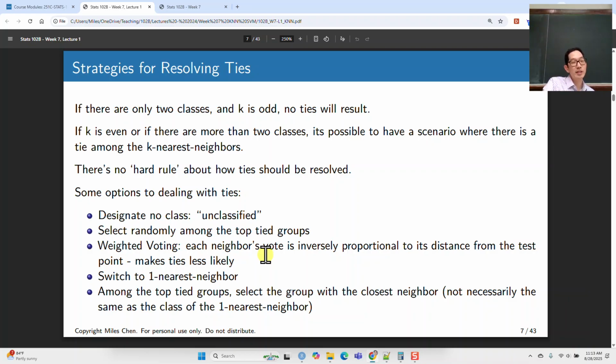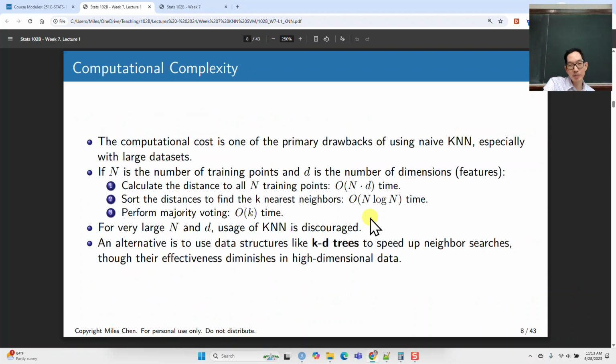You can also, among the top tied groups, select the group with the closest neighbor, which is not necessarily the same as the one nearest neighbor. So these are different ways of resolving ties. Anyway, KNN is implemented in R using just knn.